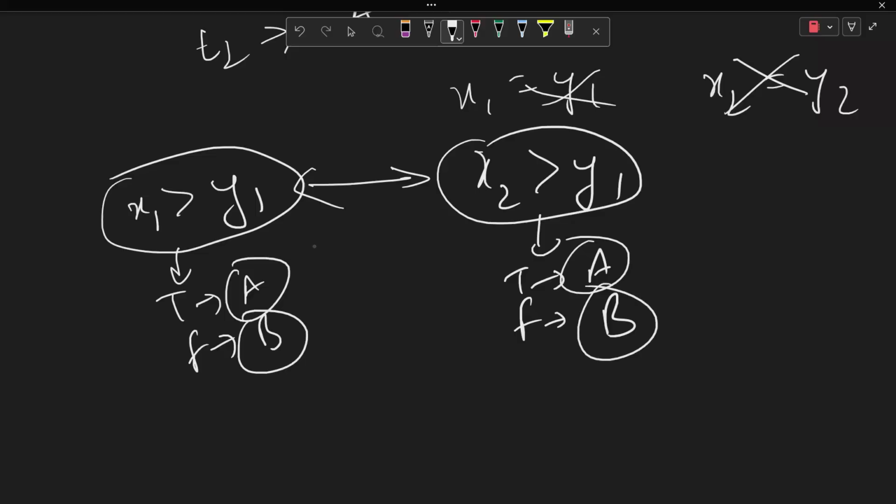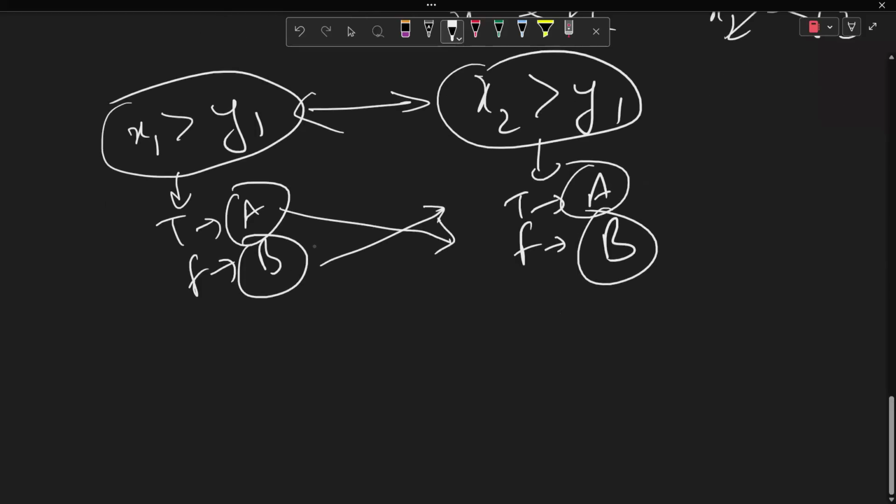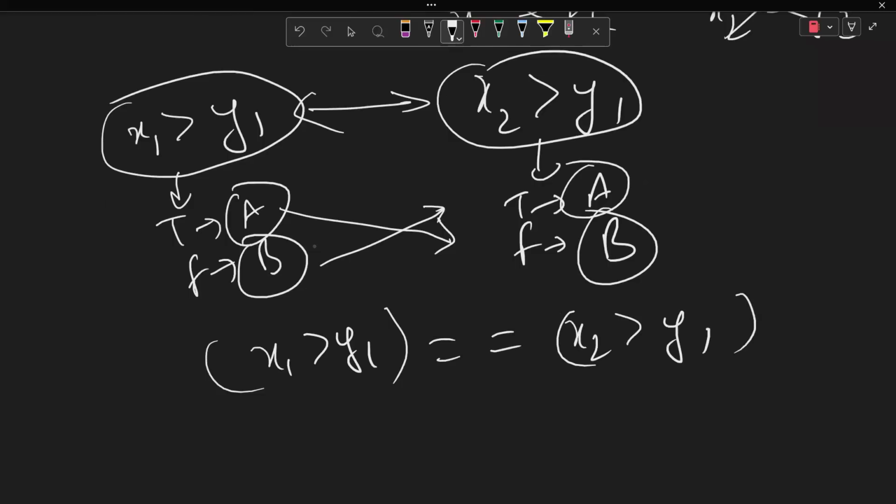But if one is true and one is false, then first team A was leading, then it went to B, or team B was leading, then it went to A. So we can just check if the boolean value of x1 greater than y1 is equal to the boolean value of x2 greater than y2, then in that case we would print a yes. Otherwise we would print a no.